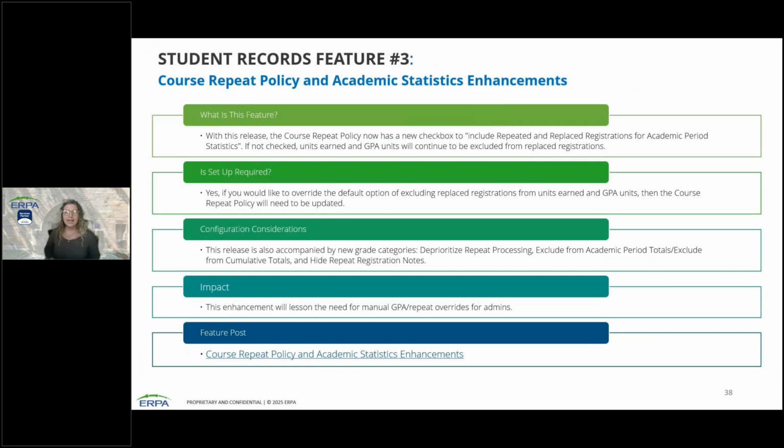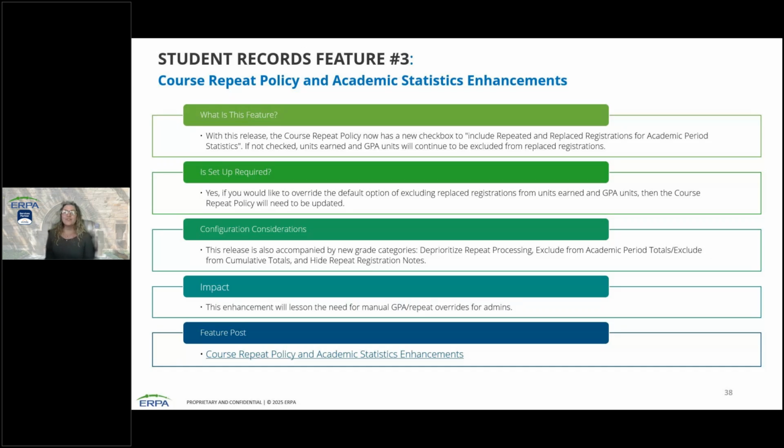All right, last student records feature, very exciting: course repeat policy and academic statistics enhancements. So the course repeat policy now includes a brand new super fancy checkbox, and it is a mouthful: include repeated and replaced registrations for academic period statistics.